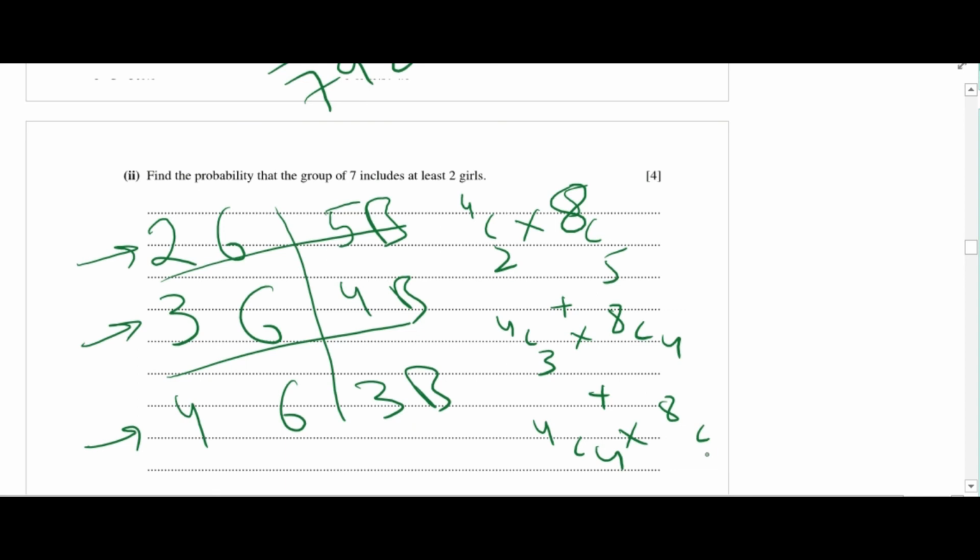That would be 4C2 times 8C5. This would be added with 4C3 times 8C4, and this would be added with 4C4, that would be 1, times 8C3. This is how you want to solve this question.